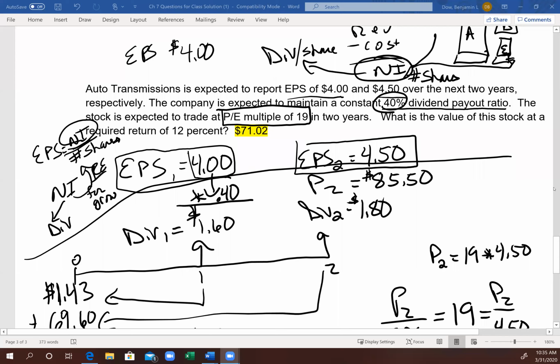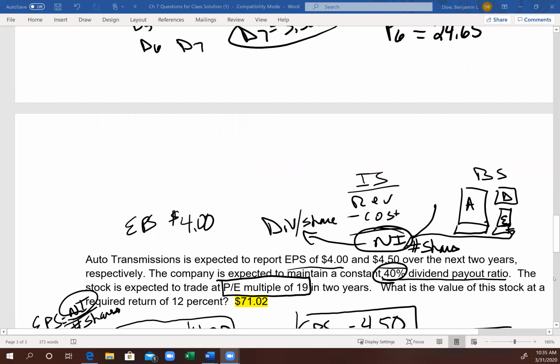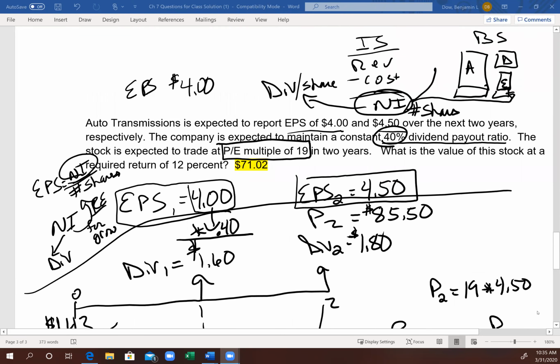I drew all that for nothing. So what's happening is the $4 of earnings per share, they're paying out 40% as a dividend. And that's how we get the $1.60 in year one. In year two, they're paying out what?